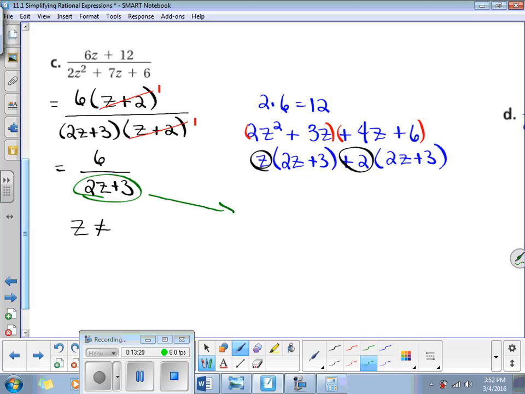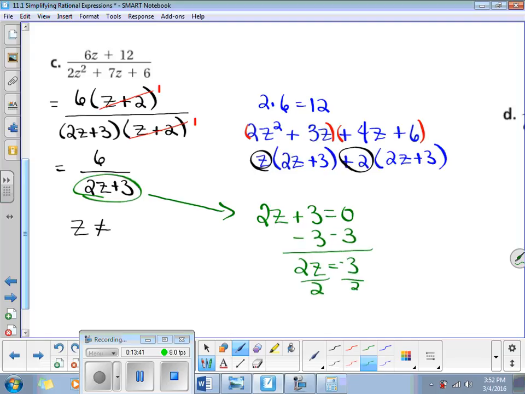So when you do that, you have 2z plus 3 equals 0. We're going to subtract 3 on both sides. So 2z is equal to negative 3. We'll divide by 2. So z is equal to negative 3/2. So our excluded value is negative 3/2.